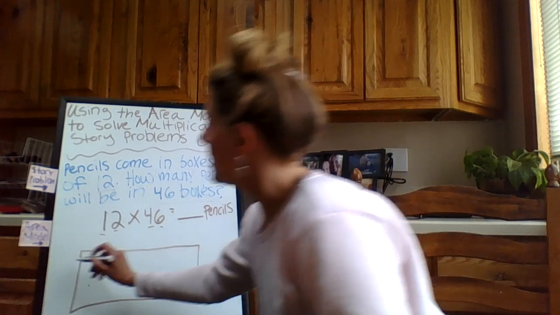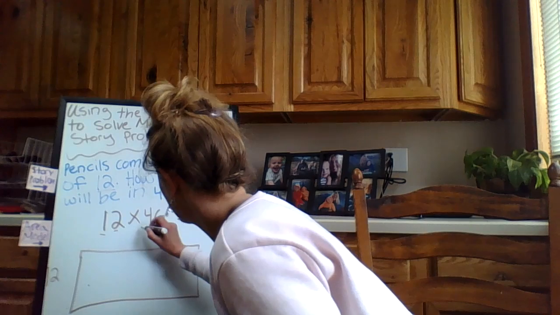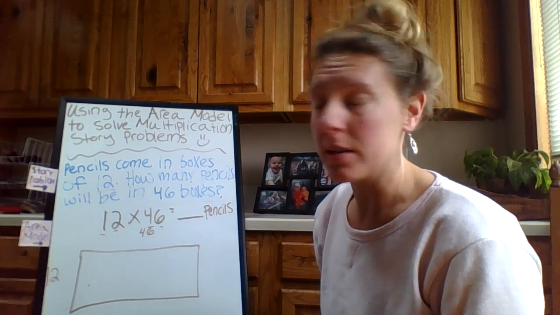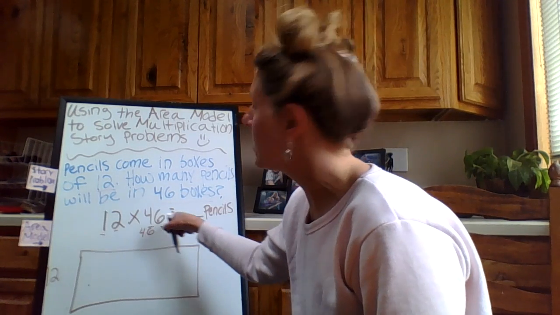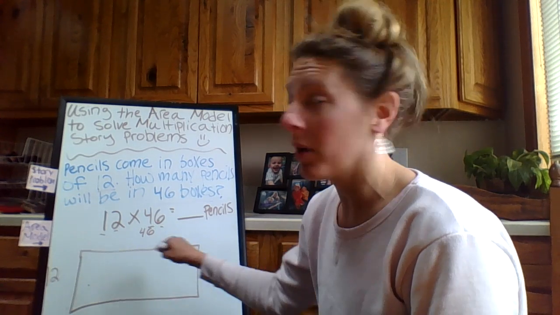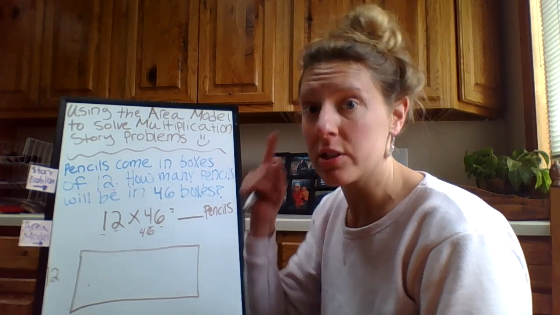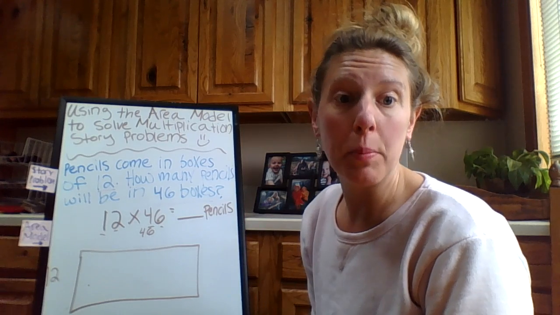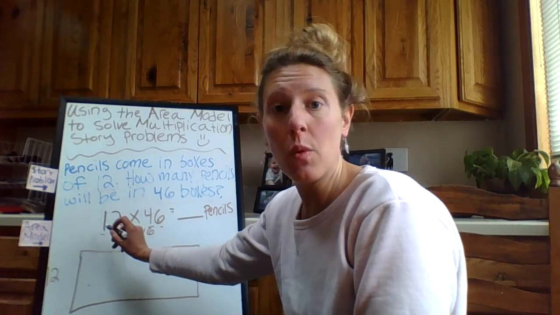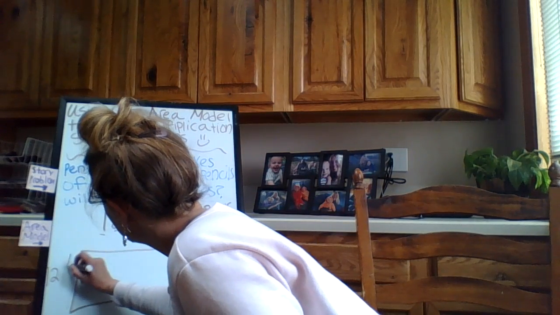So I'm going to start by writing 12 on the side, and I'm going to write 46 across the top. And now I can break apart my numbers. Because there are 4 digits in all in my equation, I know I'm going to need 4 spaces in my area model. So let's keep that in mind as we're breaking apart our numbers. When I look at the number 12, I see that the 1 in the 10's place is worth 10.